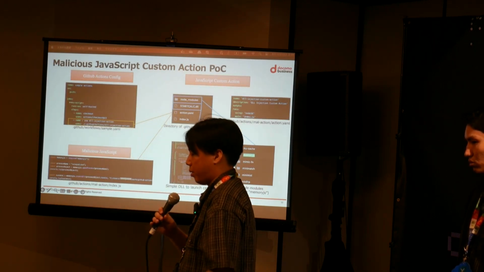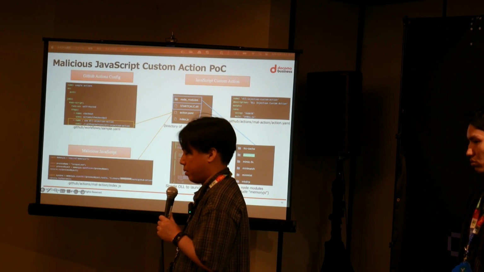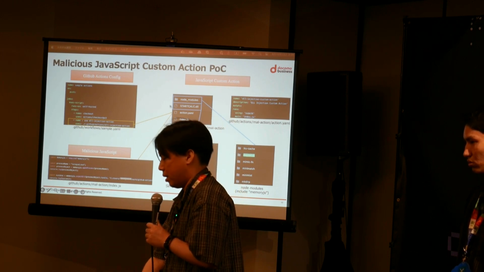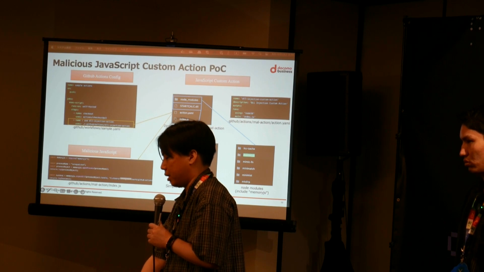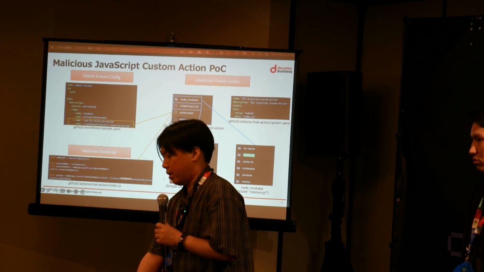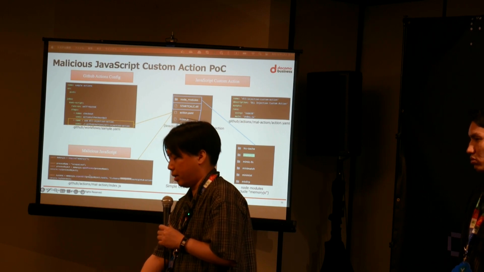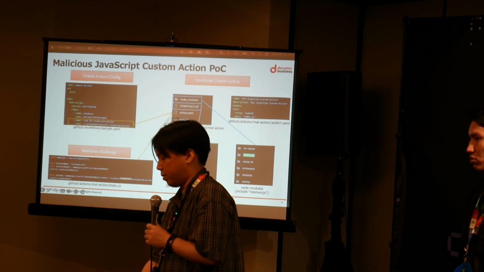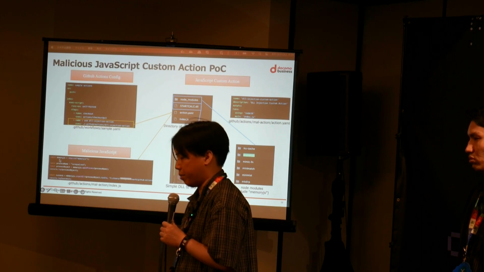Also, here is the actual POC code we developed. The workflow calls the custom action. This custom action includes a simple DLL and a node module for the attack. Index.js is implemented in JavaScript and is designed to perform DLL injection using memory.js functions.